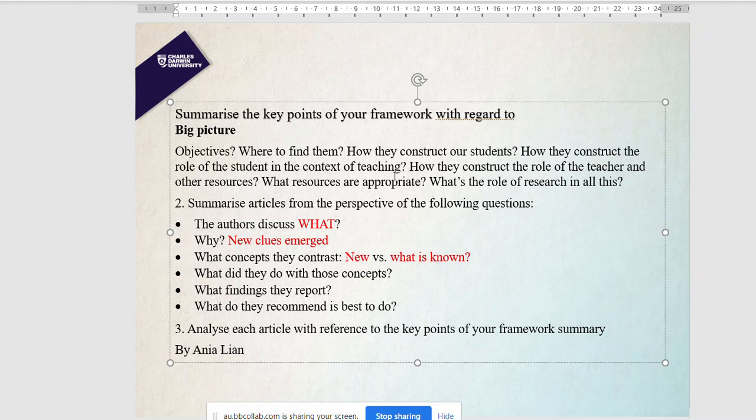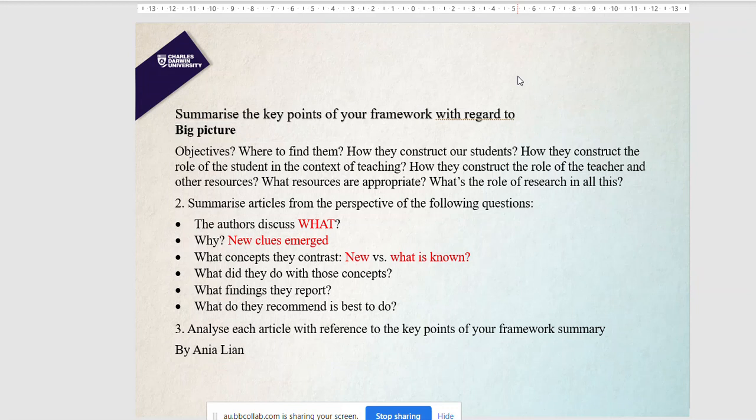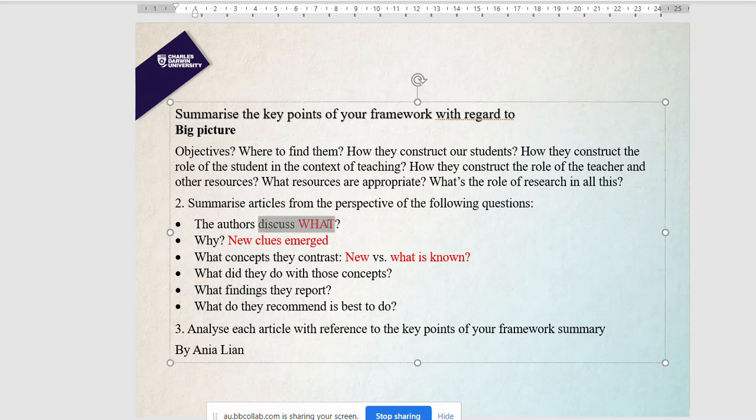Well, it's relevant for this particular research, but its role in your practice as a teacher is a little bit diminished, because your job is governed by these big objectives, not by someone saying, oh well, the authors discussed the importance of teaching grammar, and the recommendation was the more grammar you teach, the better.